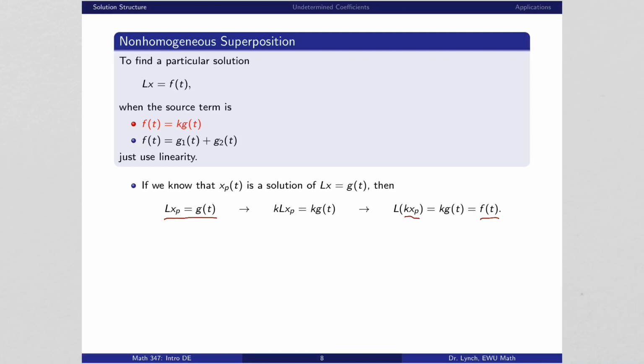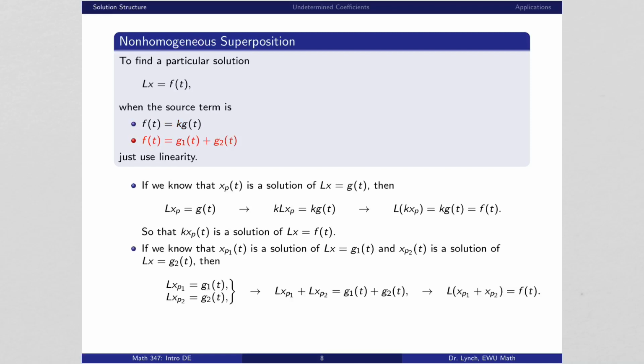And the same thing works for sums. So if we want to solve Lx equals f, where the source term f is given by a sum, we can use the same idea here, namely that if Lxp1 gives us g1 and Lxp2 gives us g2, then the sum xp1 plus xp2 pops us out f of t.